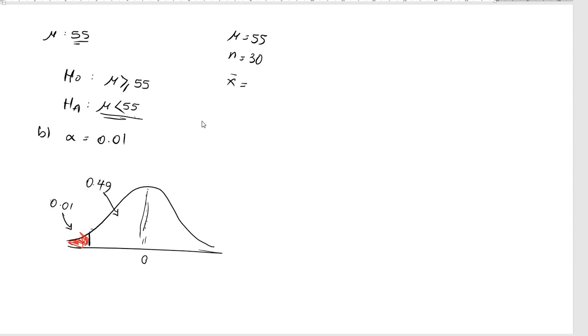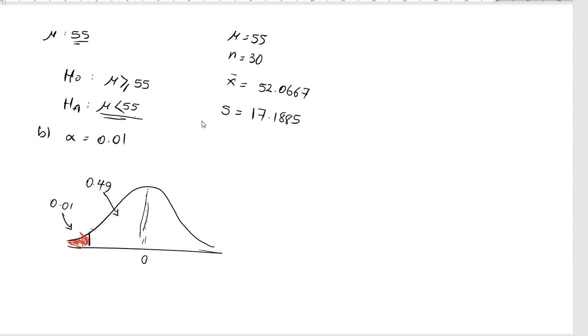X bar would be 52.0667. Please enter the values into your calculator and calculate x bar and s to see whether you get the same result as I did. S is 17.1885. Remember, we always go with 4 decimal places in this unit.